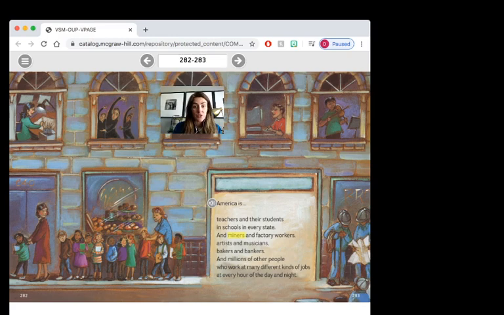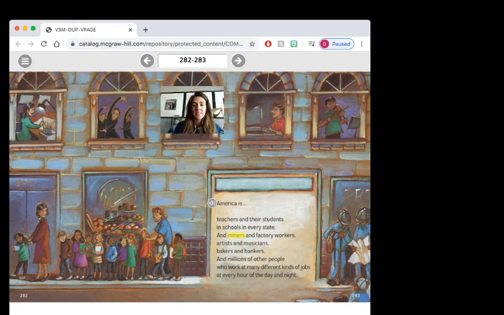And it looks like some students and teachers are walking by. And then lastly, I see some men maybe working on building. They're wearing protective gear, so I can use my inferencing strategies to figure out that they're wearing protective gear because they might need to protect their heads from things falling down.